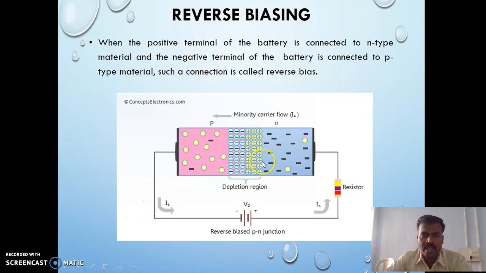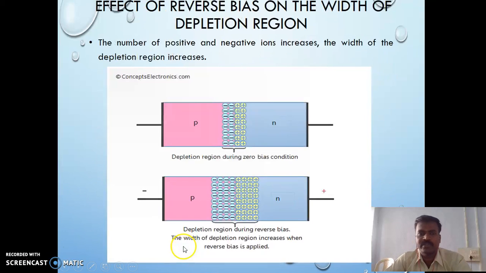So it won't allow any further movement of electrons and holes through this depletion region. Thus we can conclude there is no electric current flow under the reverse bias condition. You can look at the picture of the depletion region: this is during the zero bias condition and this is during the reverse bias condition. In reverse bias, the depletion region width increases.